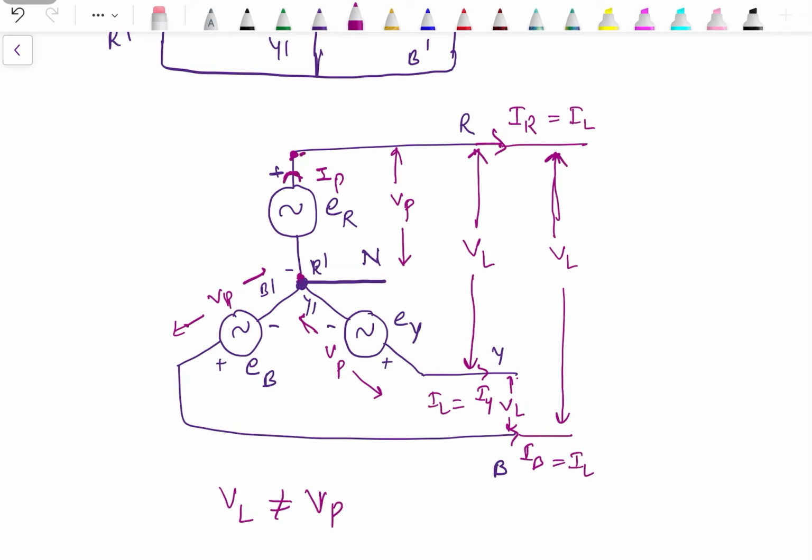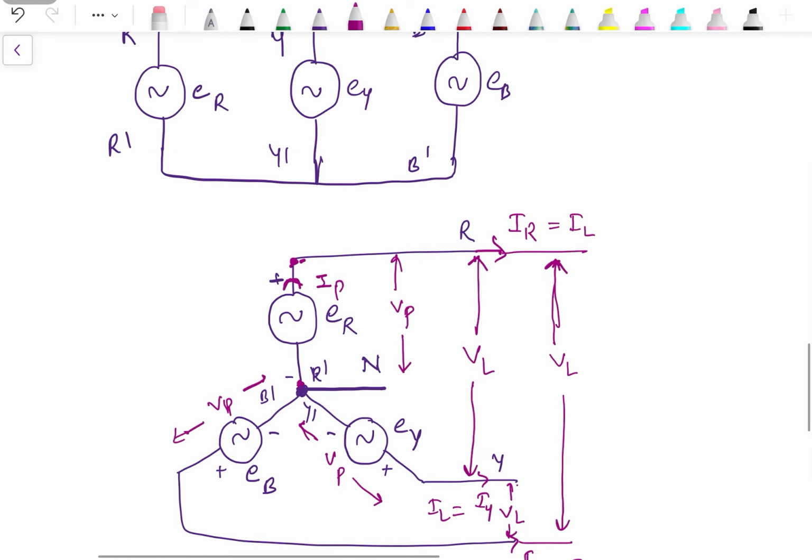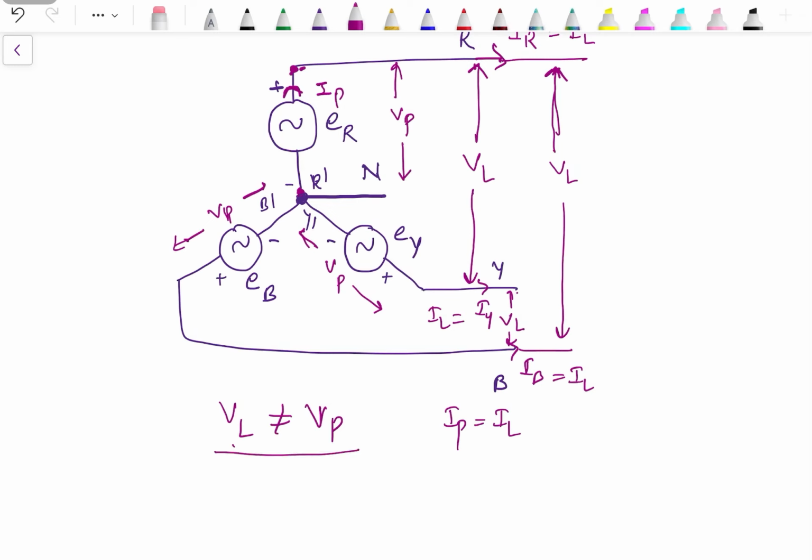Now IP and IL are the same in case of star connection. IL and IP are the same, VL and VP are not the same. What the relationship is that we need to find out, I will cover in the next video.